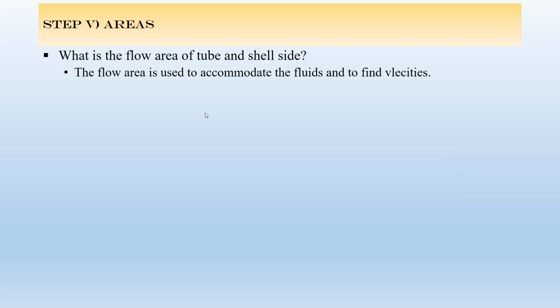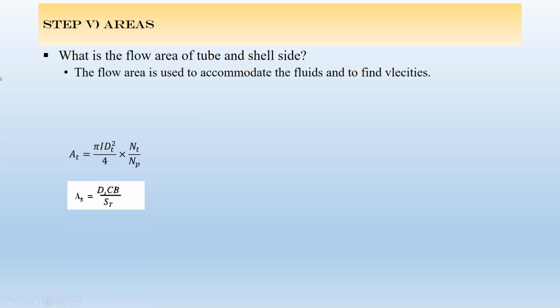To find the velocities, you need to have the flow areas, correct? We use the flow areas to find the velocities and also to accommodate the fluids. In this problem, you already accommodate the fluids, but you can check that assumption.